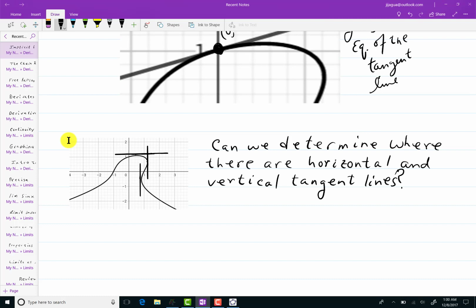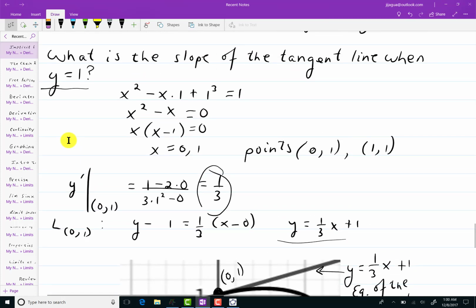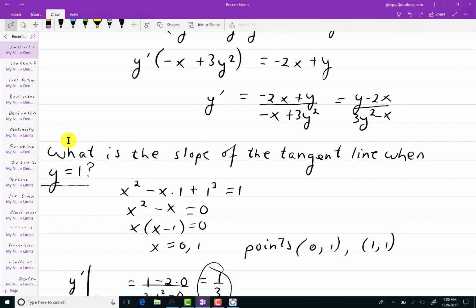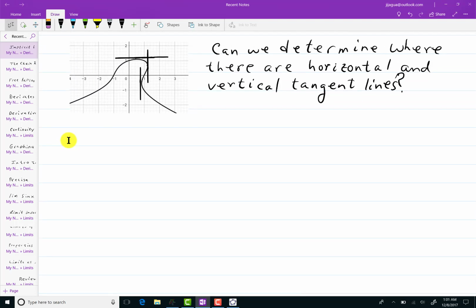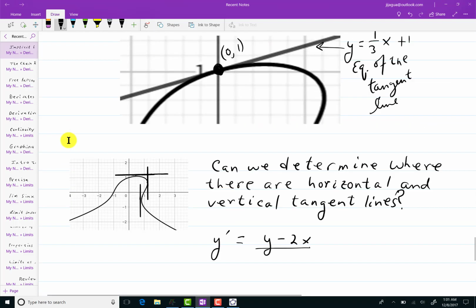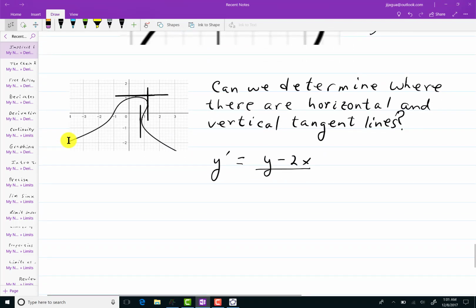Can I do that? Well, let me go back to the derivative. Where was it originally? We solved right here, this thing up here: y prime equals y minus 2x over 3y squared minus x. Let's take a look here. How can we determine where they're occurring?